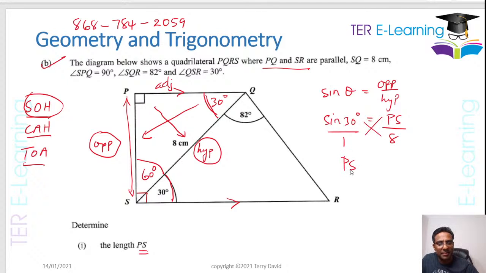So PS multiplied by 1 will give me PS, and then this will be 8 multiplied by sine 30 degrees. All I'm doing here is just using my calculator. So 8 multiplied by sine 30 degrees, and I'm going to get 4 centimeters. So that's my length there. PS is equal to 4 centimeters.